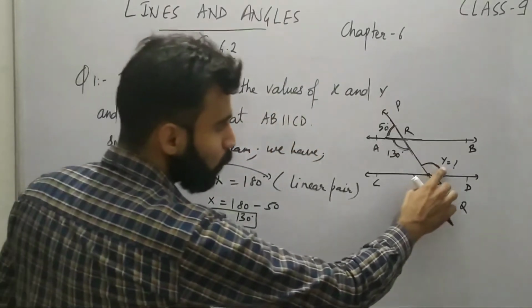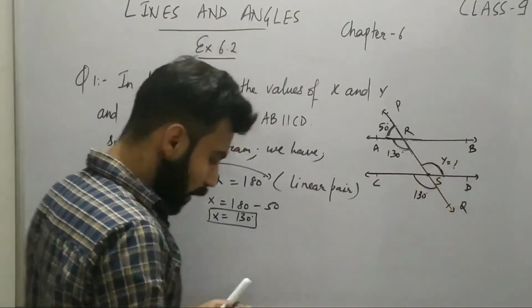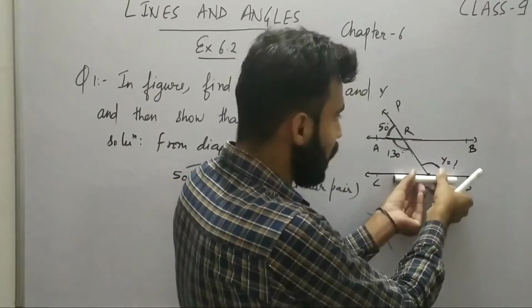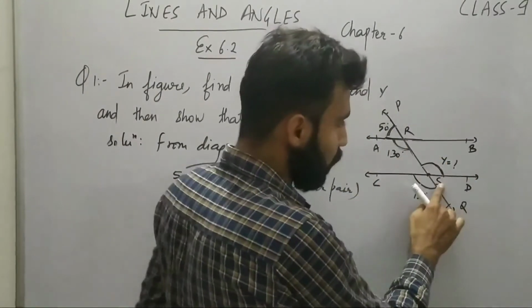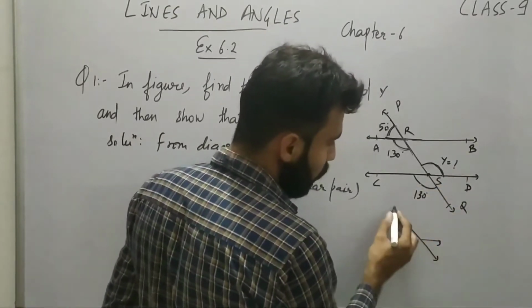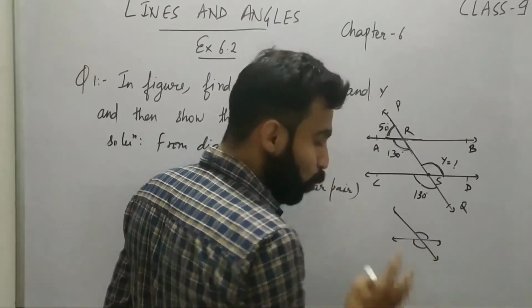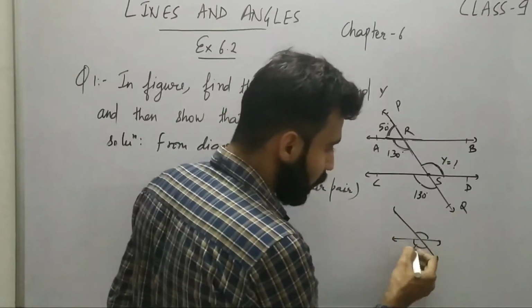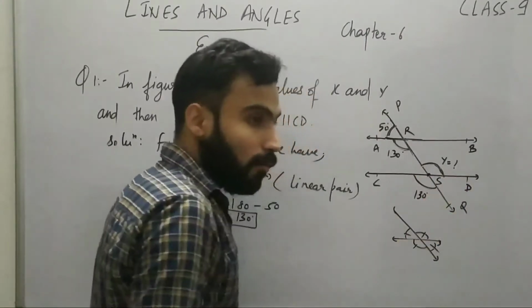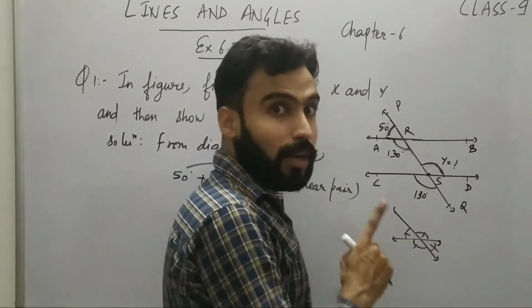Now the next step is we have to find out the angle y here. Now again, if you just watch that this line here intersecting the line CD at point S. Getting my point? Now whenever two lines intersect, I've told you previously that there is a two pair of vertically opposite angle, like this one and this. So you will see that y and 130 are vertically opposite angles and they are equal to each other.